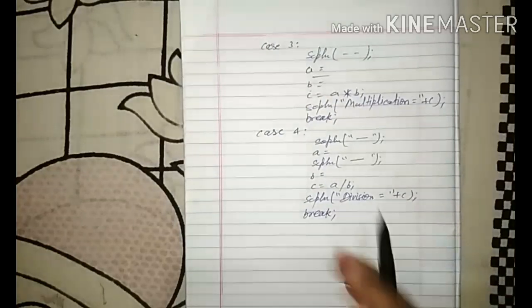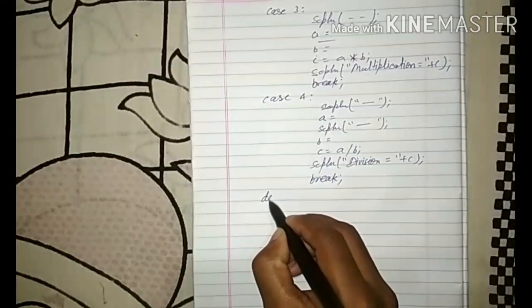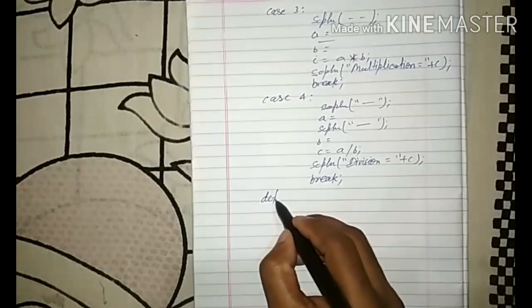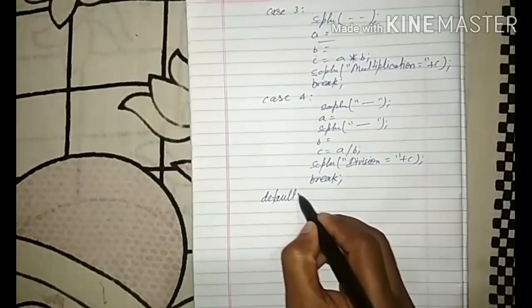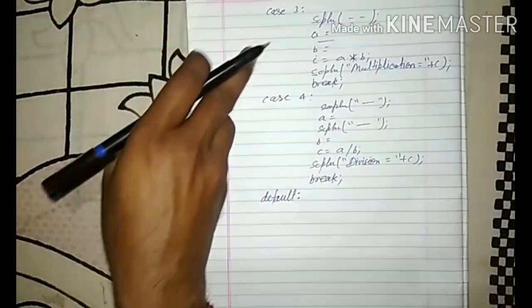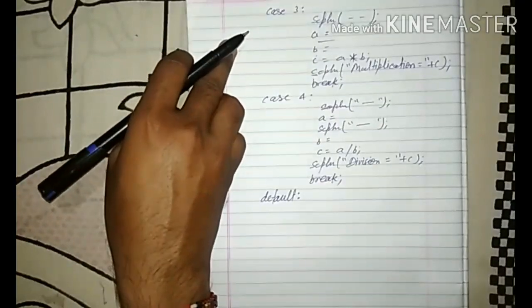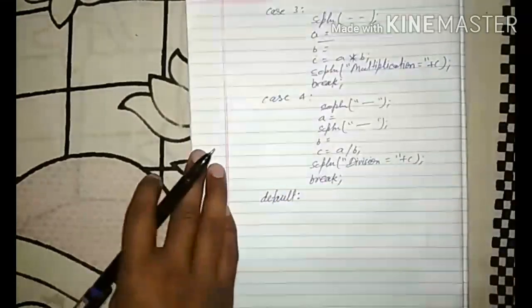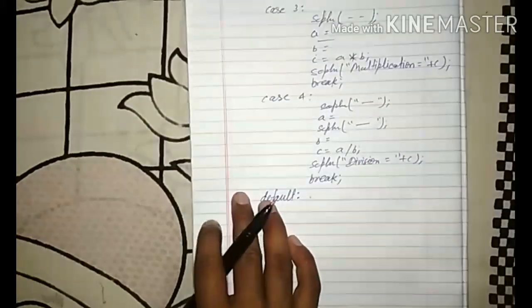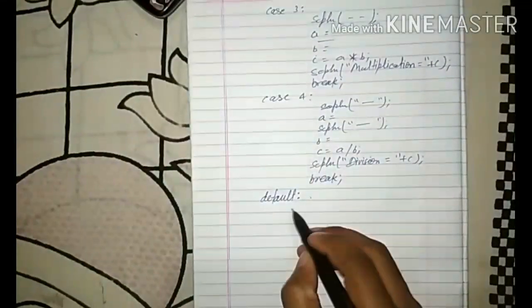After completing the cases, there is a need to write a default case. It is an optional part, but I suggest you always write this default, because default will execute when the cases do not match. When the case does not match, then the default case will execute. In default you can write a default message.